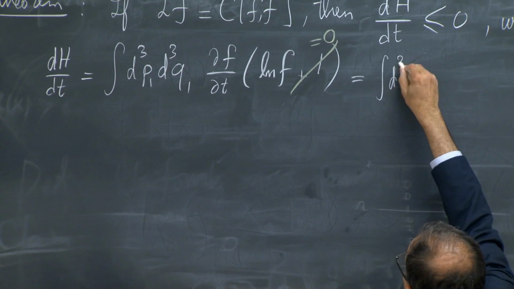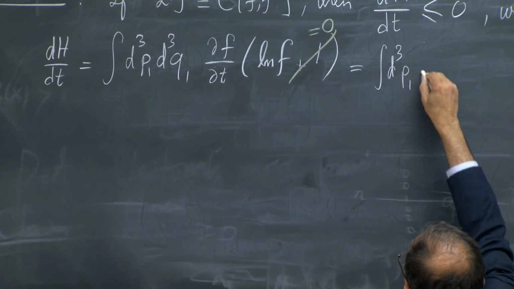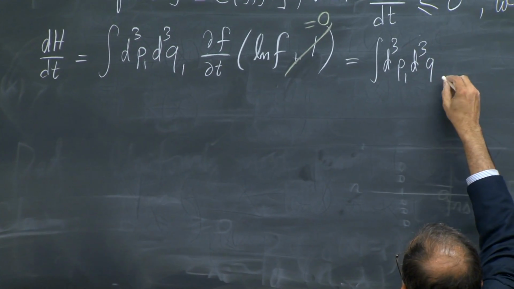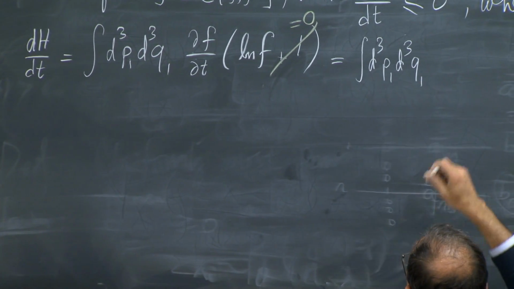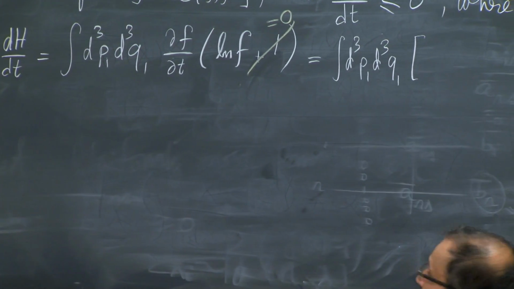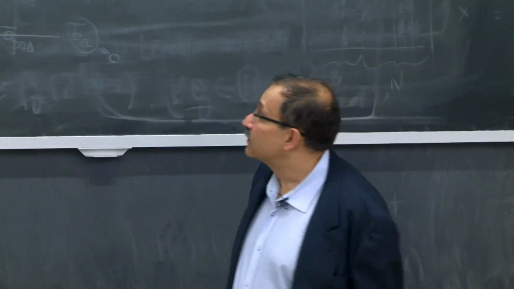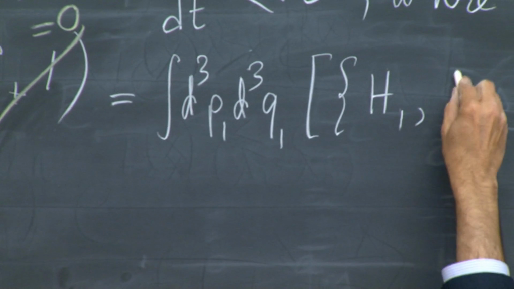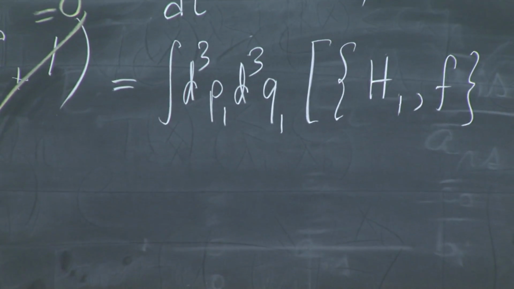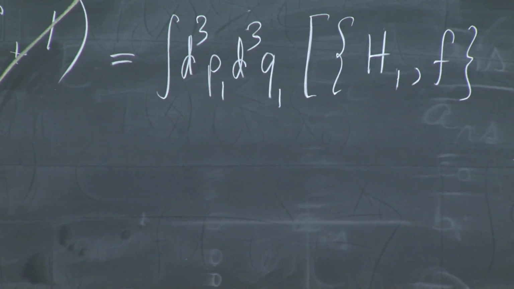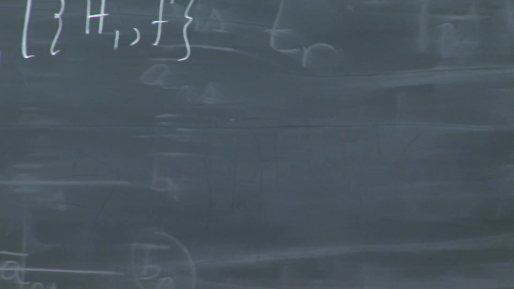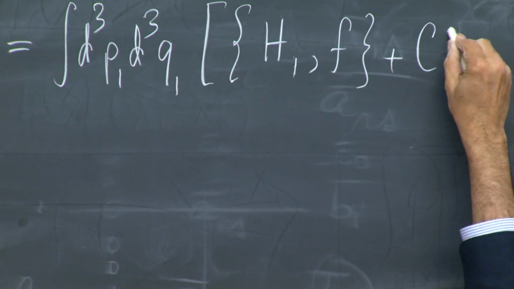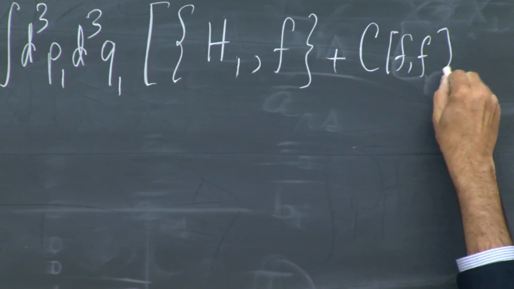replace what we have for ∂f/∂t. And for ∂f/∂t, we either have the Poisson bracket of the one particle Hamiltonian with f coming from the L part of the equation once we get ∂/∂t on one side, and then the collision part that depends on 2 f's.